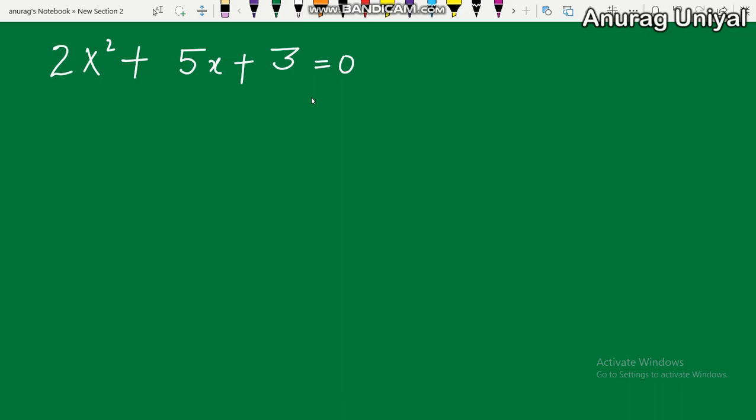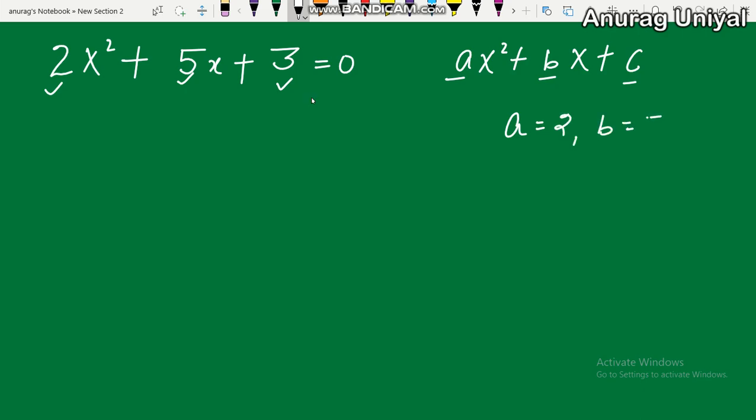Now you have to understand that when we compare this equation with our general quadratic equation, that is ax to the power 2 plus bx plus c, we get a, b and c as 2, 5 and 3. So a is equal to 2, b is equal to 5 and c is equal to 3.